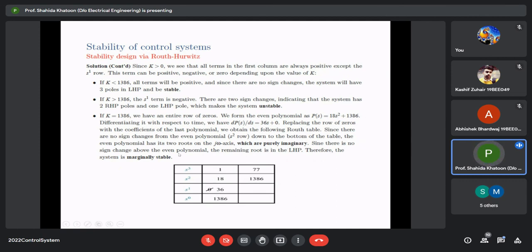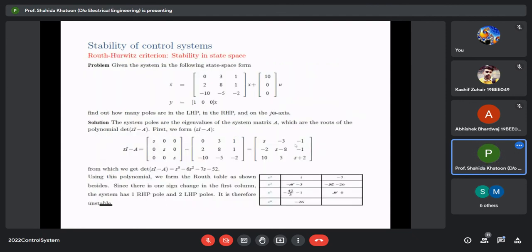Since there is no sign change above the even polynomial, the remaining root is in the left half of the s plane. Therefore, the system is marginally stable because we have pure imaginary roots. Such systems are marginally stable. This is how we find the value of k for stable, unstable, and marginally stable systems.